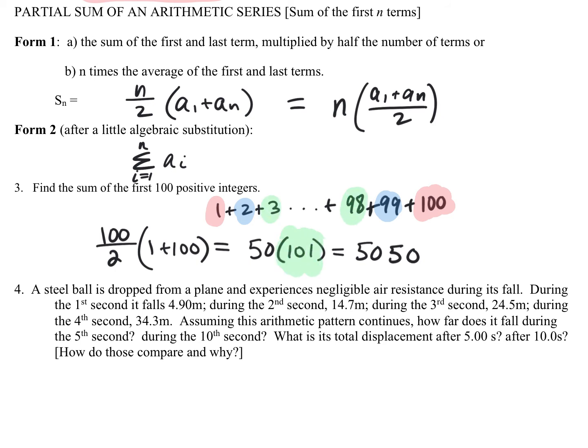That's what this quantity here represents. Each pair of numbers starting from the outside in has a sum of 101, and we have a total of 50 of those pairs. We can multiply those quantities together to get the sum of the first 100 positive integers.